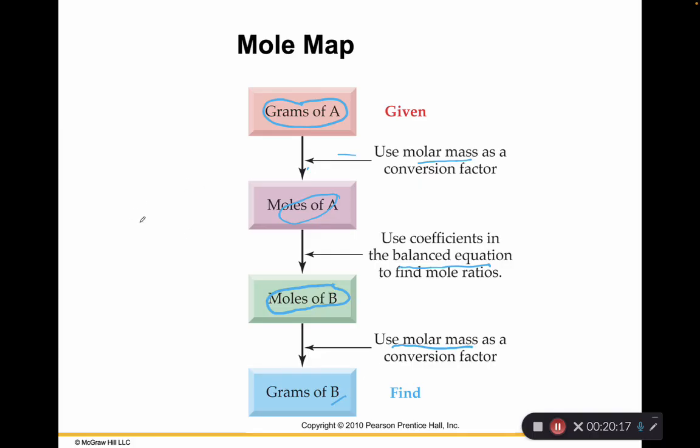Every time you have grams and you need to convert into moles, or you have moles and you need to convert into grams, always use molar mass. Depending on which is on the top and which is on the bottom, you have to play around with that, but it is the molar mass that helps you interconvert them. Similarly, if you need to convert from moles of A to moles of B, you have to look at the balanced equation.